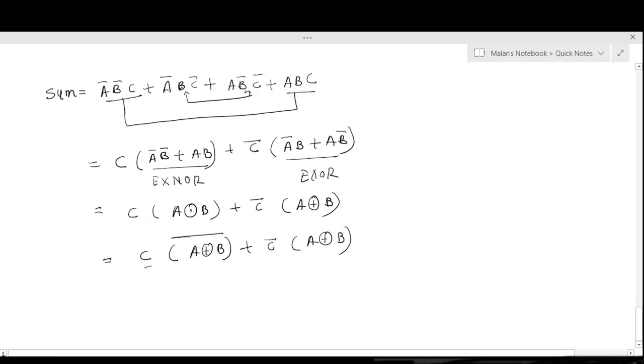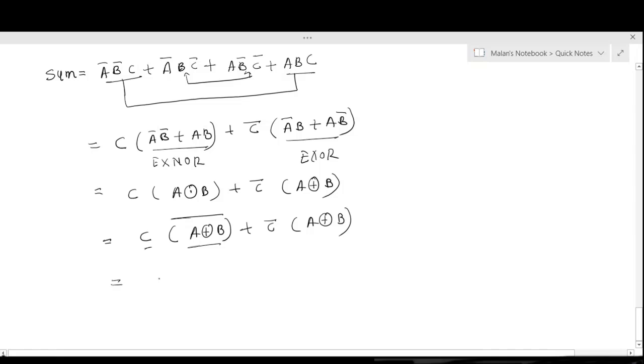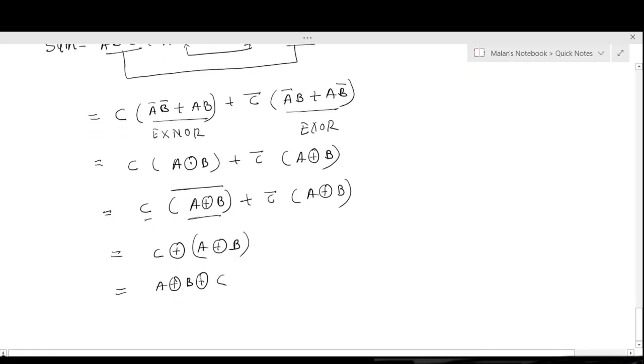Here A is C and B is A XOR B. The same expression now I am going to rewrite like this: C XOR A XOR B. Again the same expression I can rewrite like this: A XOR B XOR C. Now this is the simplified expression of the sum.